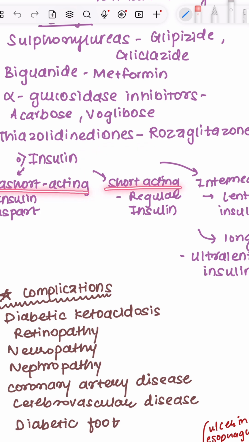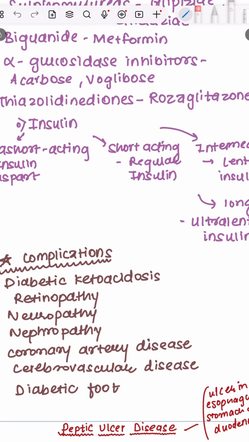So there is ultra short acting, short acting, intermediate acting, and long acting. In ultra short acting we have insulin aspart, short acting there is regular insulin, intermediate, lente insulin, long, ultralente insulin.